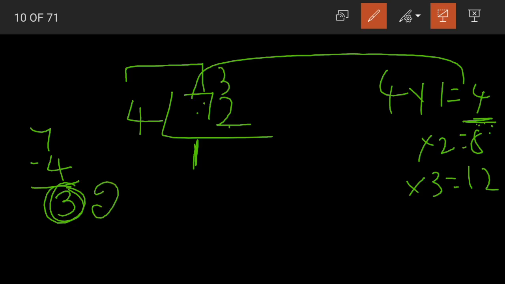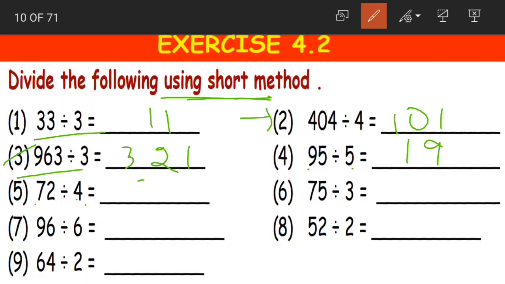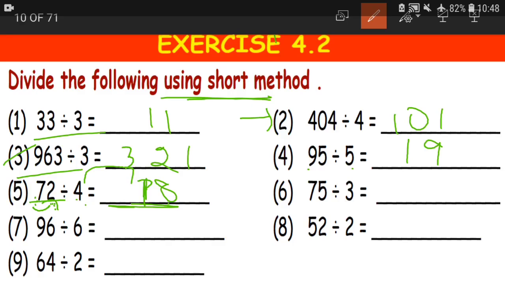So 2 here becomes 32. Now does 32 come in the fourth table? Yes. 4 eights are 32. So what is our answer? 18. 72 divided by 4 is 18.